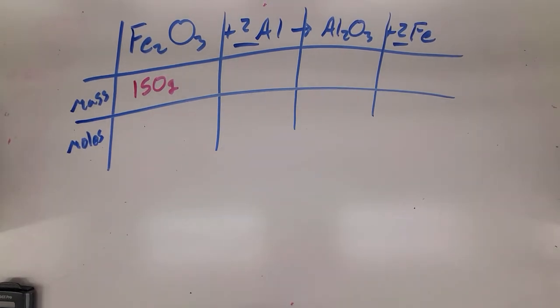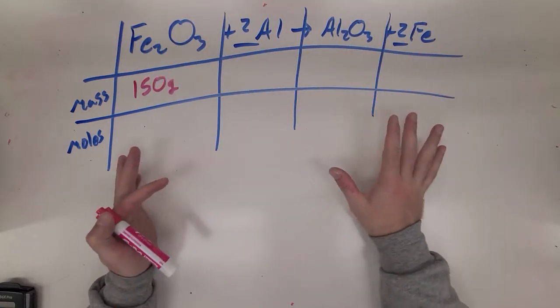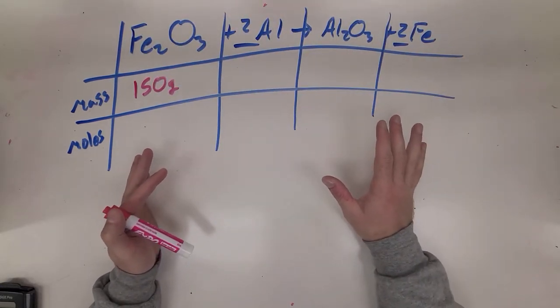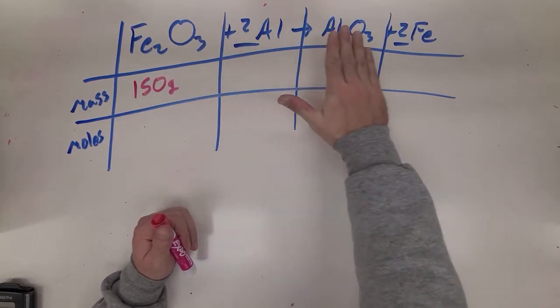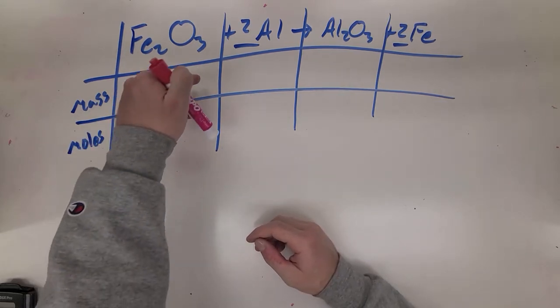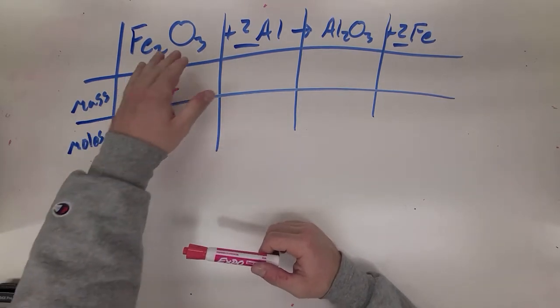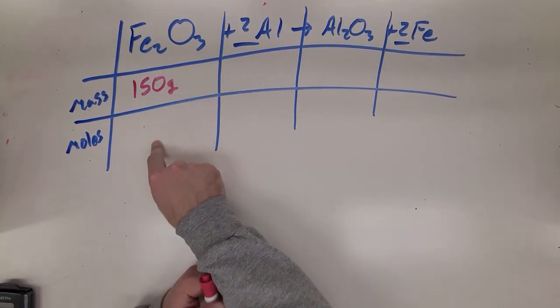Now, same steps as before. Write out the fully balanced, complete chemical equation for this chemical reaction. Organize it into each substance and the mass versus the moles. If we knew the number of grams or the mass of what we were starting with here, we can then use this information to figure out the number of moles.